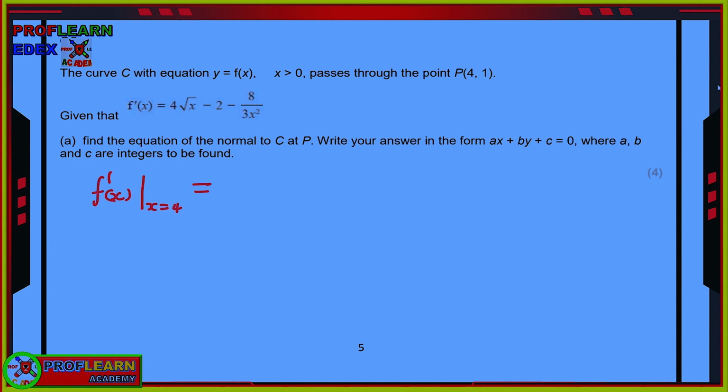So we are going to evaluate f prime of x at x equals 4, meaning that anywhere we have x, we substitute 4. Then we simplify that, and we get the gradient of the function at that point, which is 1. Once we have the gradient of the function, we know that we are told to find the equation of the normal.